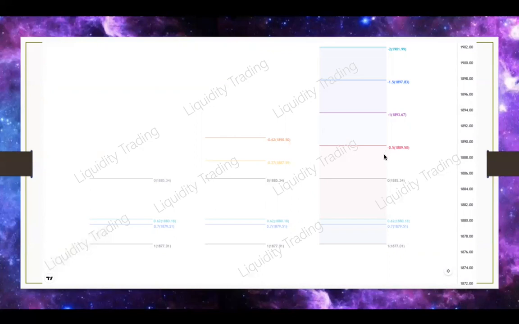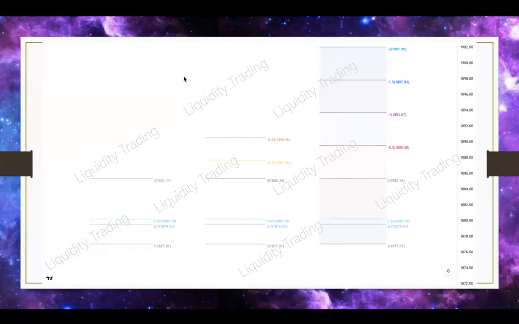The only difference is these are standard deviations, and what those do is, one full standard deviation means the retracement that we pull on the Fib will be multiplied by the same amount of pips.